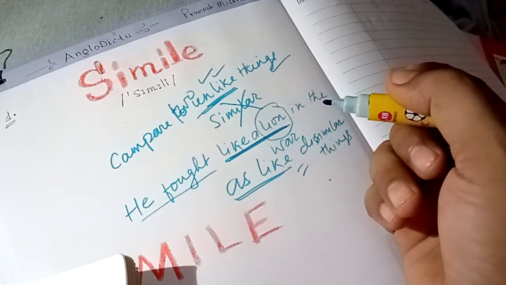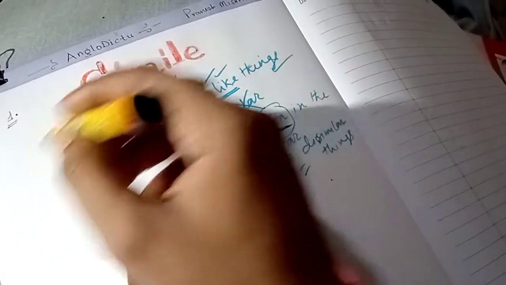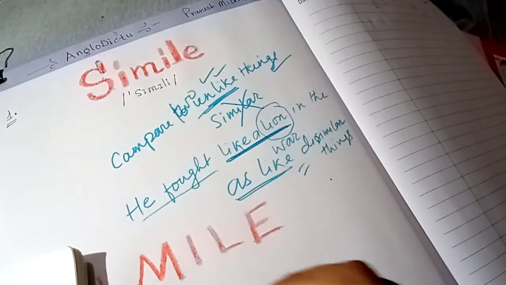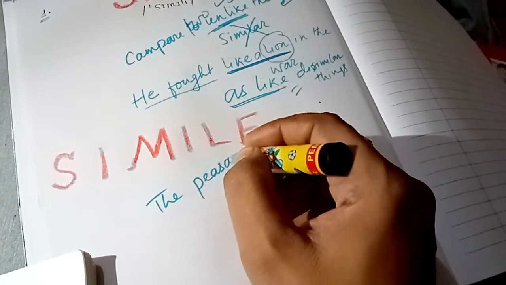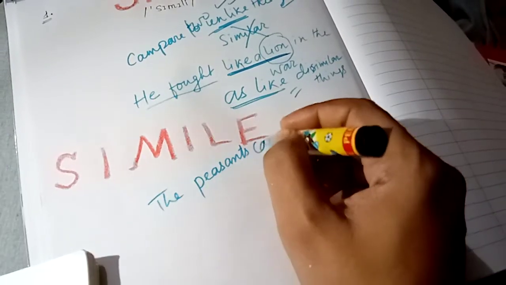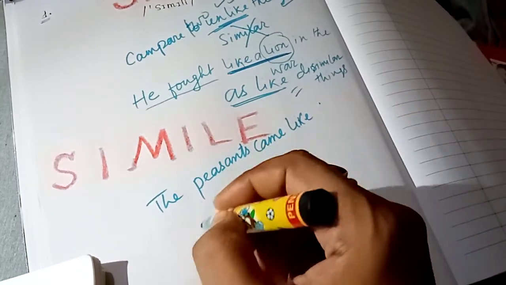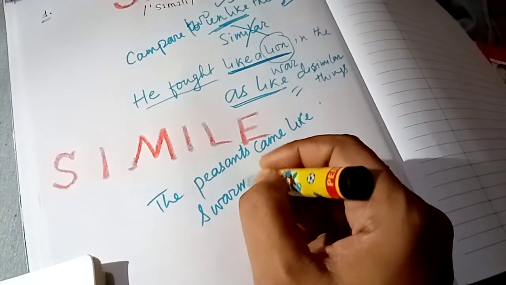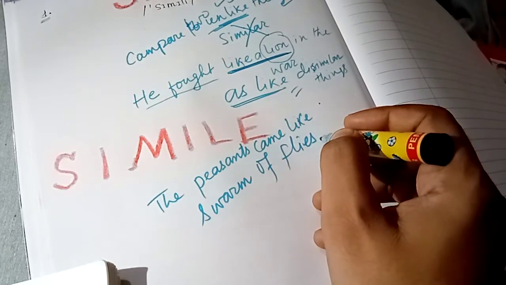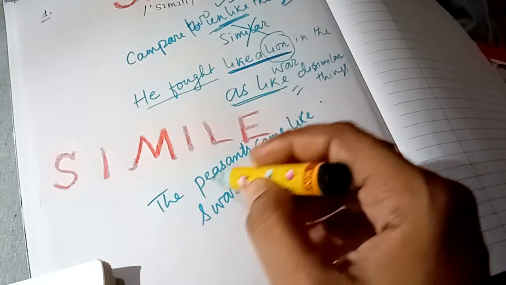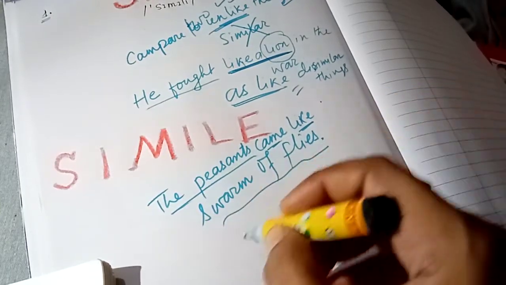Let us have more examples. The pigeons came like a swarm of flies. So, how did the pigeons come? Like a swarm of flies.